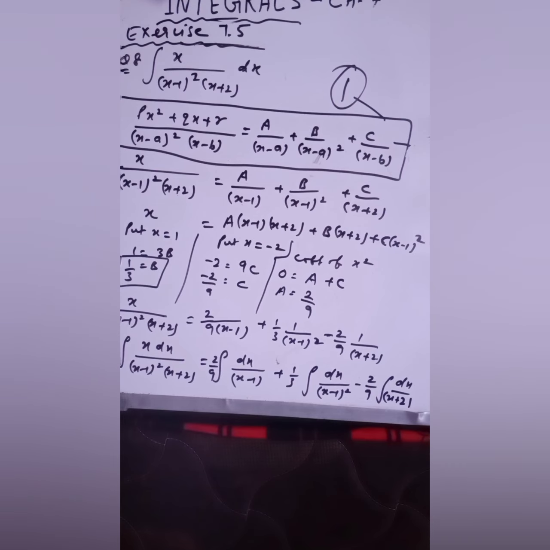Question number 10 is your homework. Question number 11 is also your homework. Question number 12 I will solve. Question number 13 you can solve. Question number 14, this is your homework. Up to question number 14, except question number 6 and question number 12, you can solve. This is your homework.